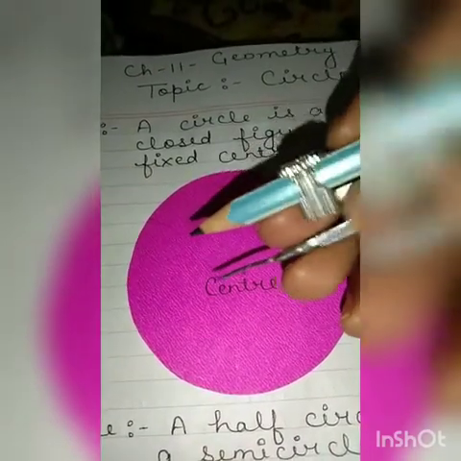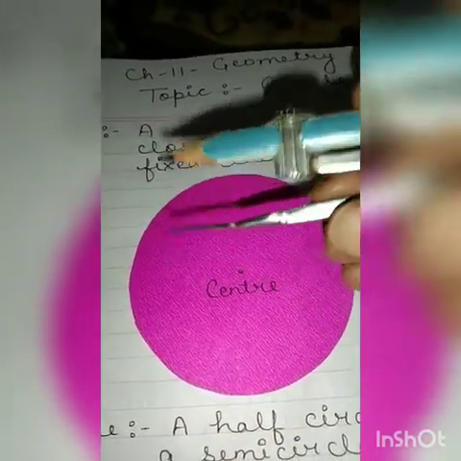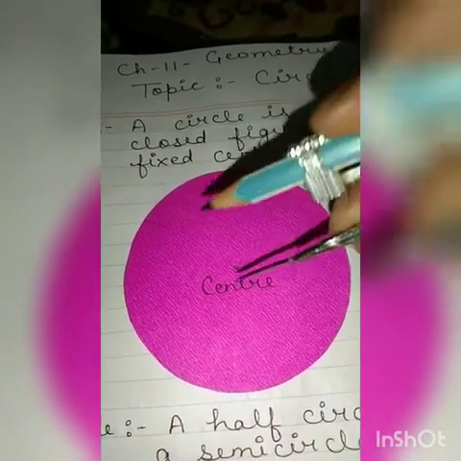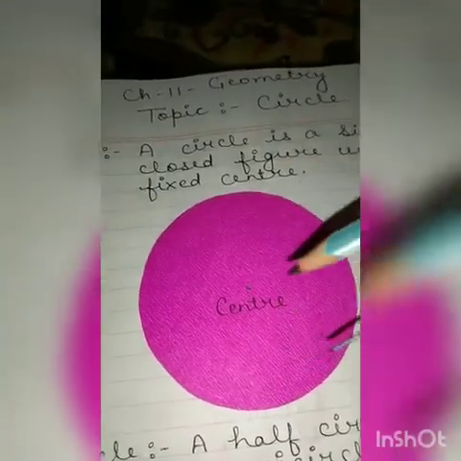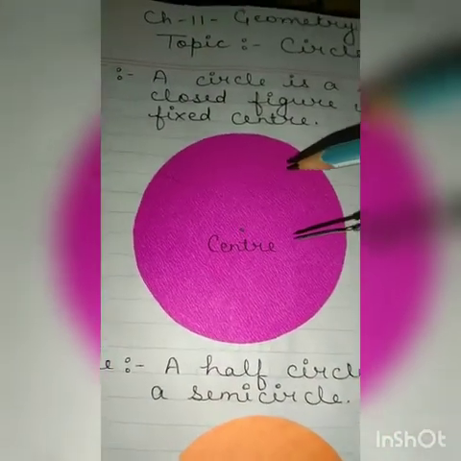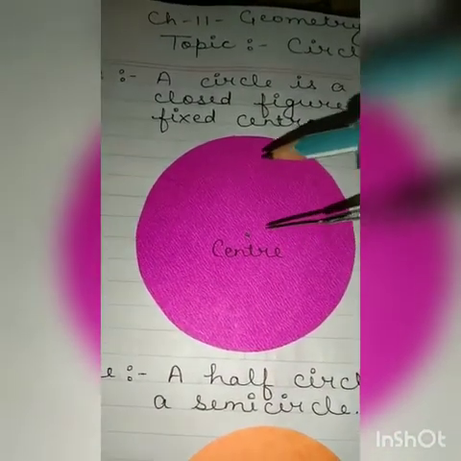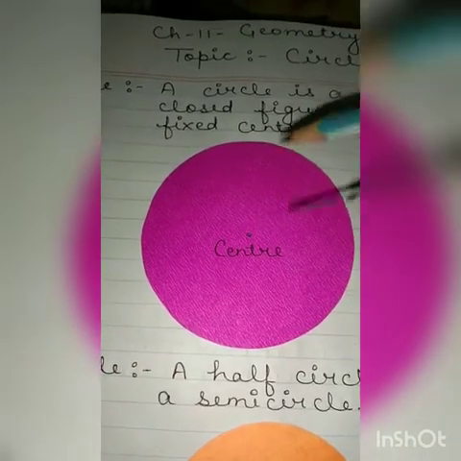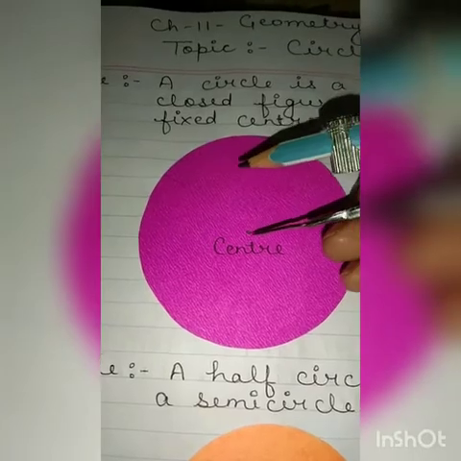So draw the circle with the help of the compass only. So it will be easy for you to get the center. A circle is a simple closed figure with a fixed center. So this is the circle. I have cut it from one paper. If you are not having paper, you can draw it with the help of compass and pencil and you can show the center there.